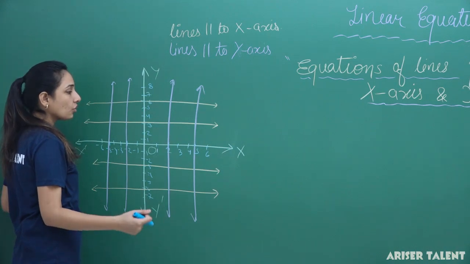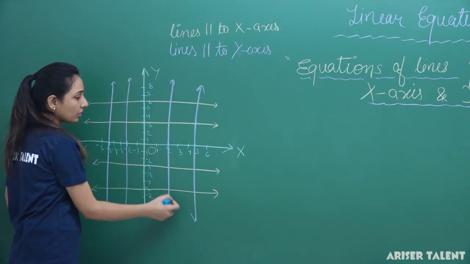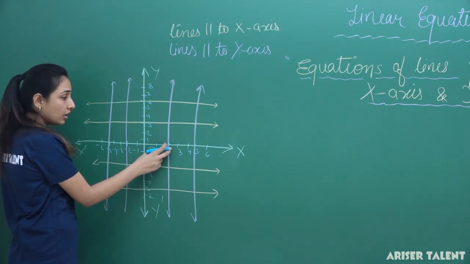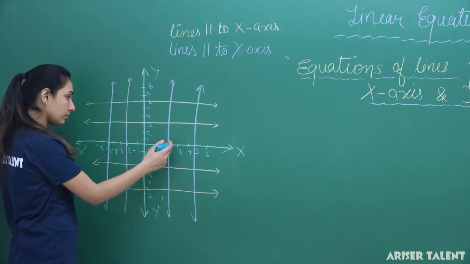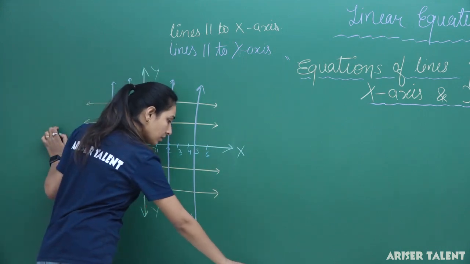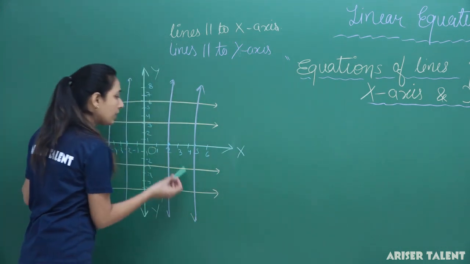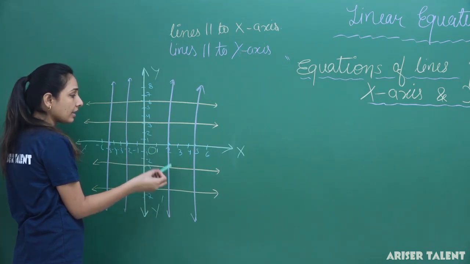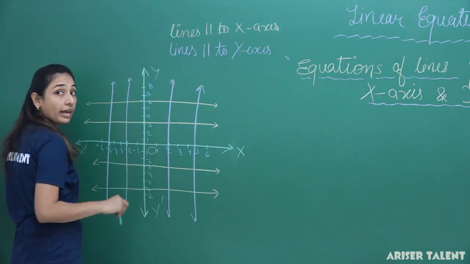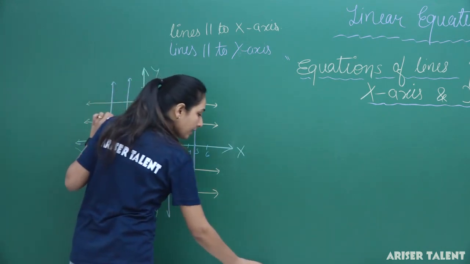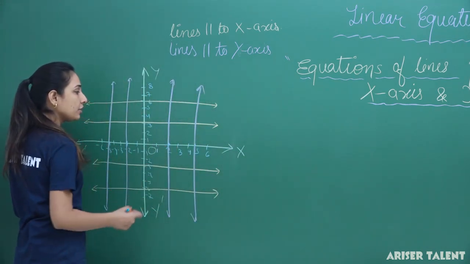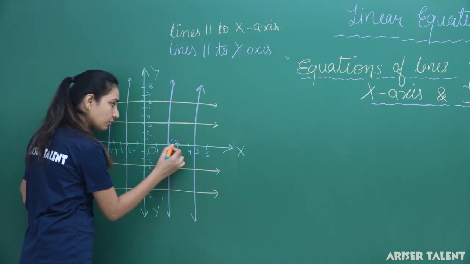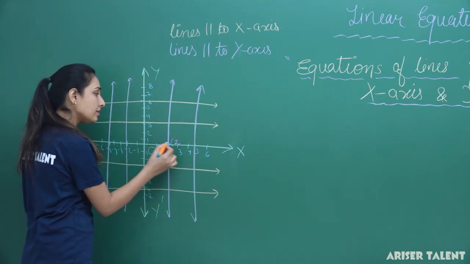Okay. So, what will be the equation for this? At this particular point, the abscissa and ordinate will be what? I am just picking this line which is passing through point 2 on the x axis and is parallel to y axis. So, for that I am writing that this point is 2 on x axis and 0 on y axis.